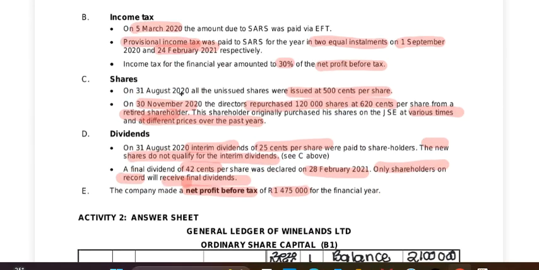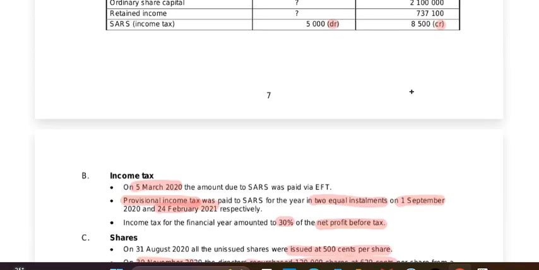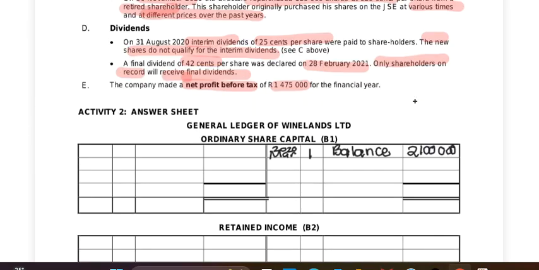Then what happened with shares? On the 31st of August 2020, all the unissued shares were issued at 500 cents per share. And we had authorized shares of 1 million and these were the shares issued at the beginning of the year, 600,000. So now we have to calculate what the remaining shares were.